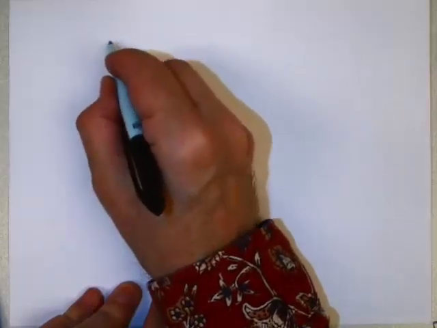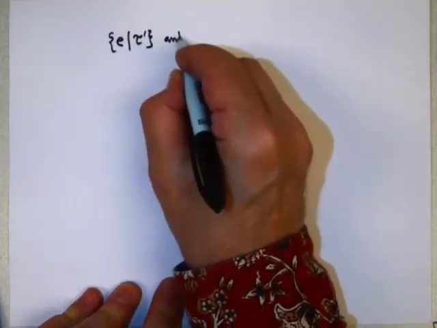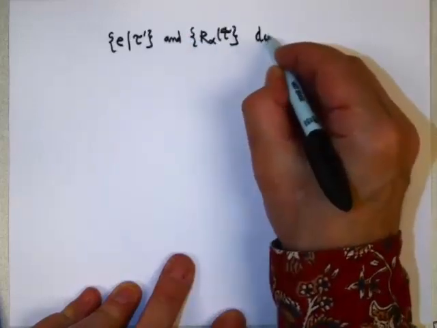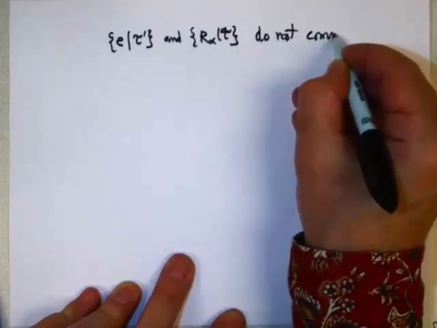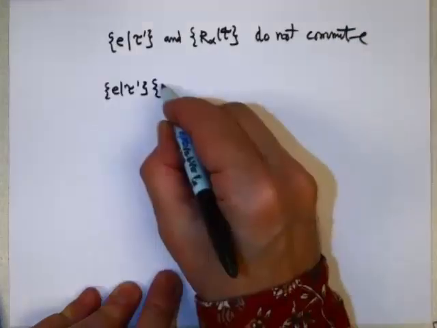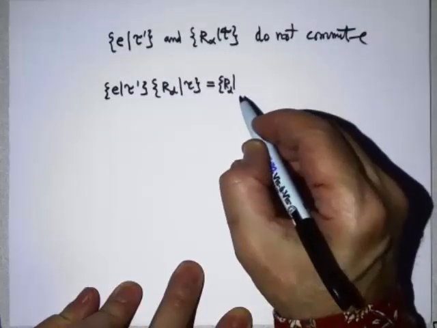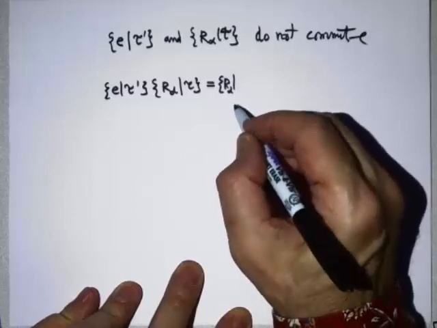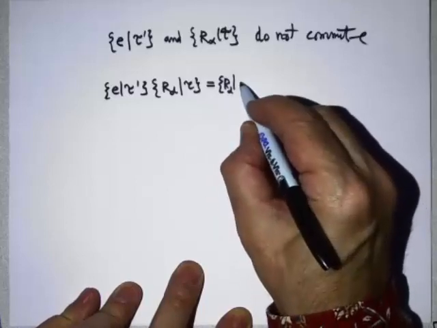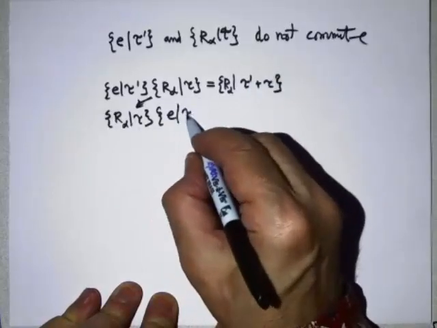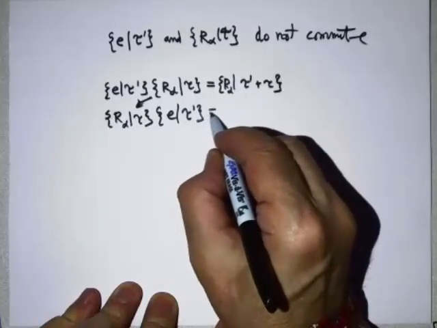If you look at E, tau, the translation by tau, and a rotation, they do not commute. Easy to check. You take them in one order, and you get just rotation by alpha. In the other order, again the rotation is fine, no problem with that.